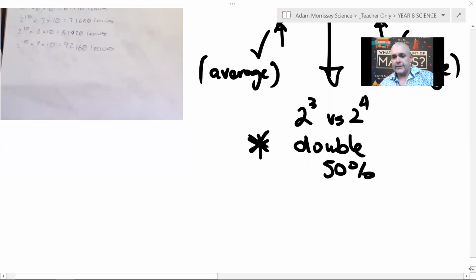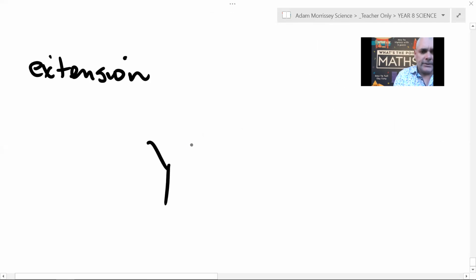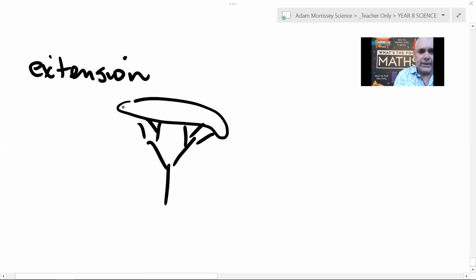And there's an extension to this too, depending on the type of trees that you've got. Here we go, we've just got the tree here. You might find that all the leaves are up in the canopy. So if you count, say, let's do this, we might have 8 branches, and only the last 3 branches have the leaves.